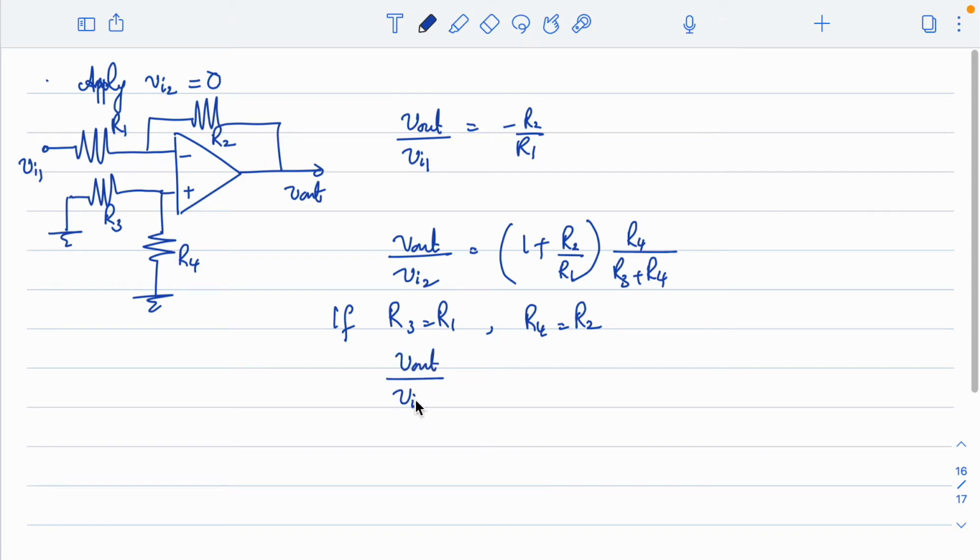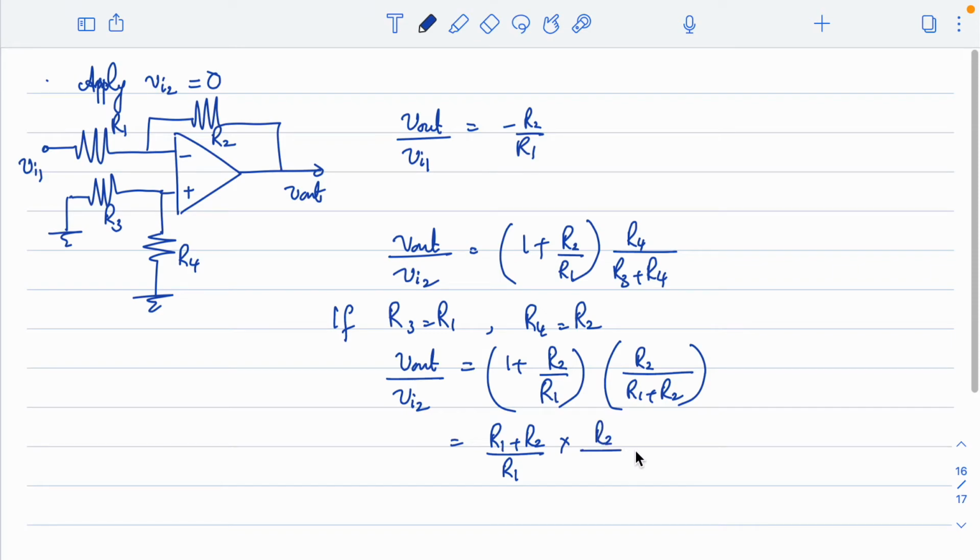Vout by Vi2 becomes 1 plus R2 by R1 into R2 divided by R1 plus R2. Right. So this is equal to R1 plus R2 by R1 into R2 by R1 plus R2, which is equal to R2 by R1. Alright.